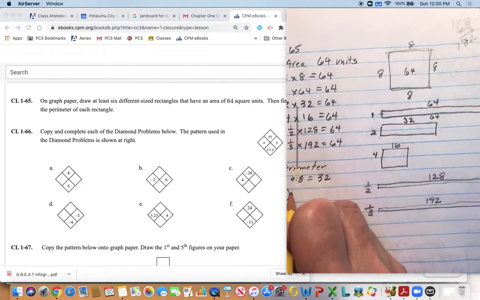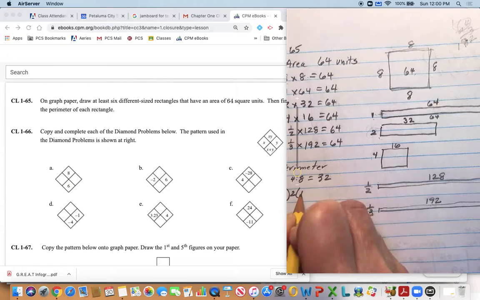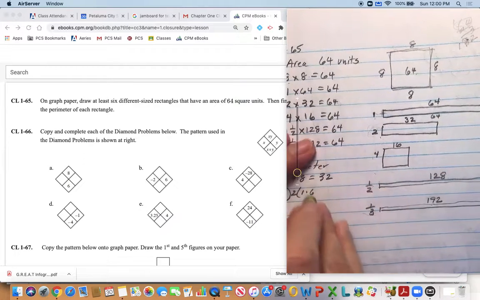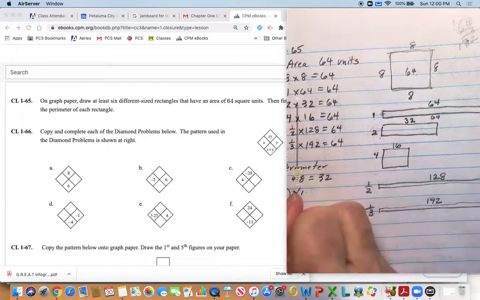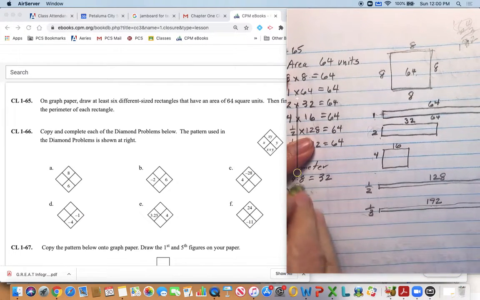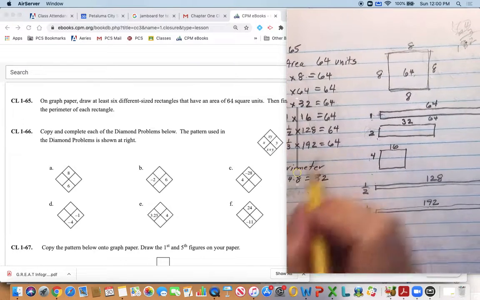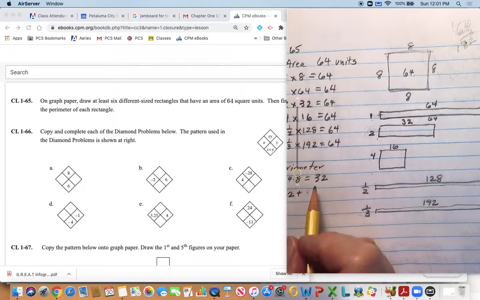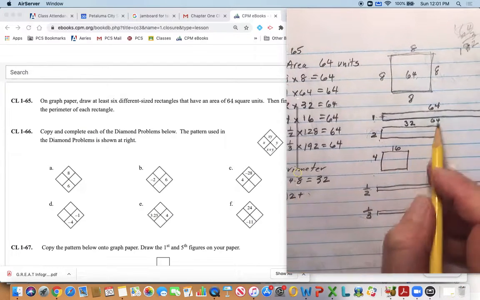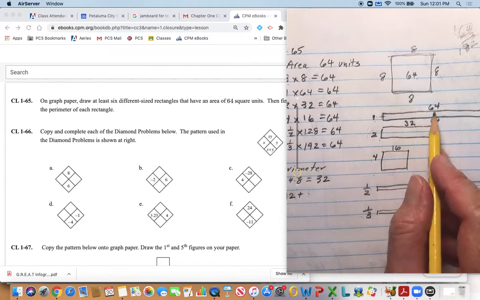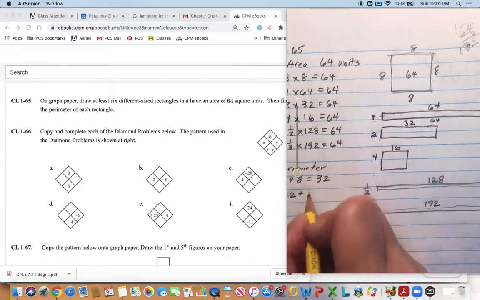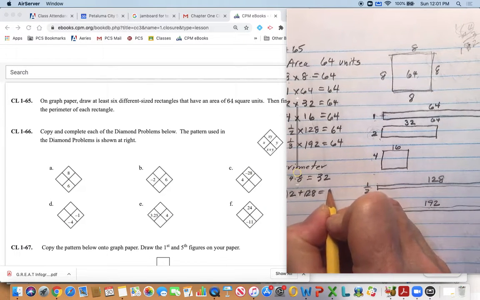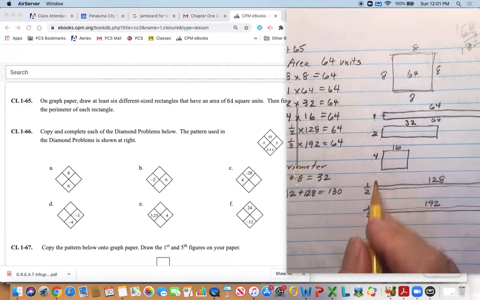So that's 2 times 1 plus 2 times 64. Let's make it easier on ourselves and do the mental math. So we've got 2 1s, so that's a 2, plus we've got a 64 and 64, so that is 128. So that's 128 plus 2 equals 130. So that's the perimeter for that.